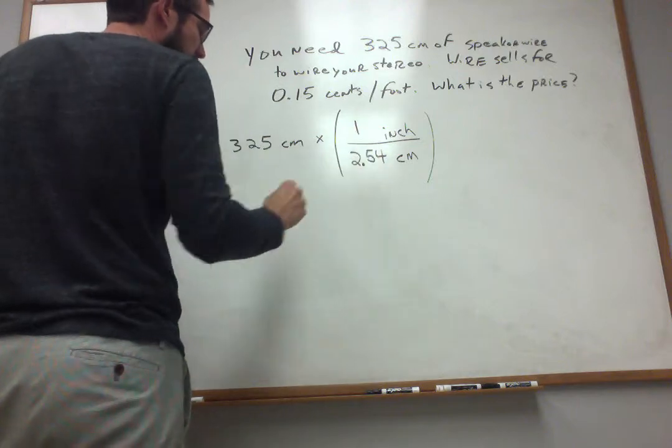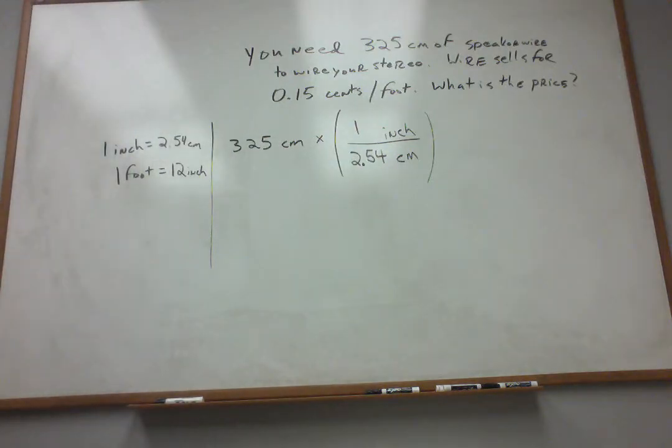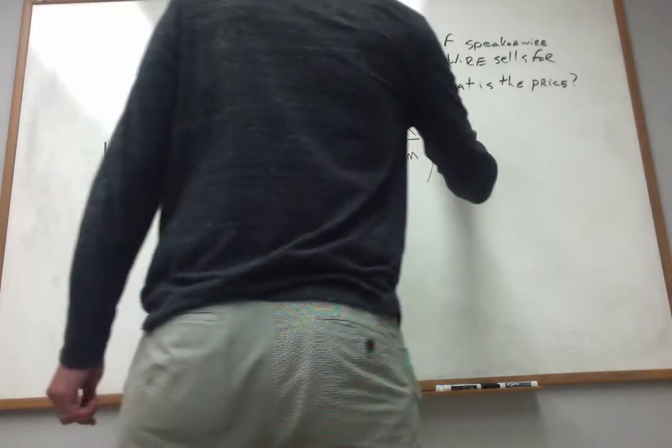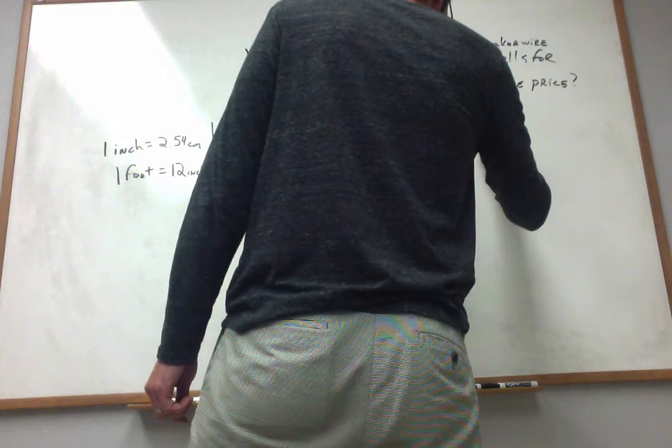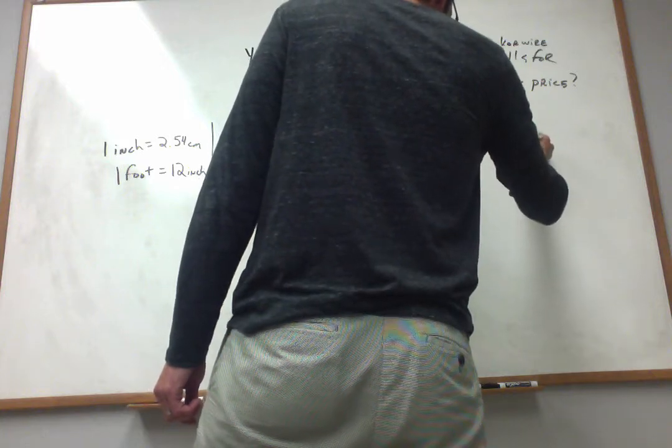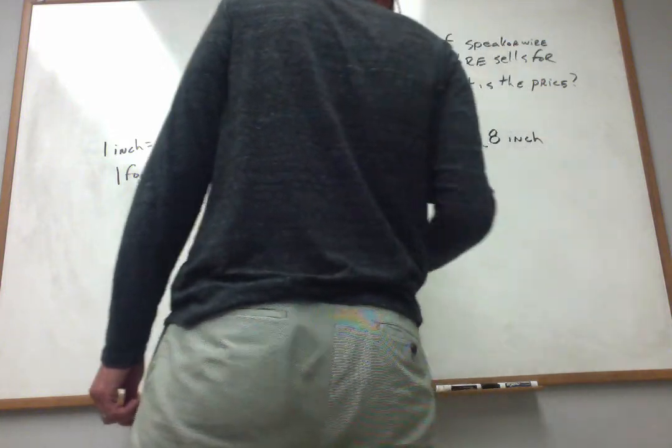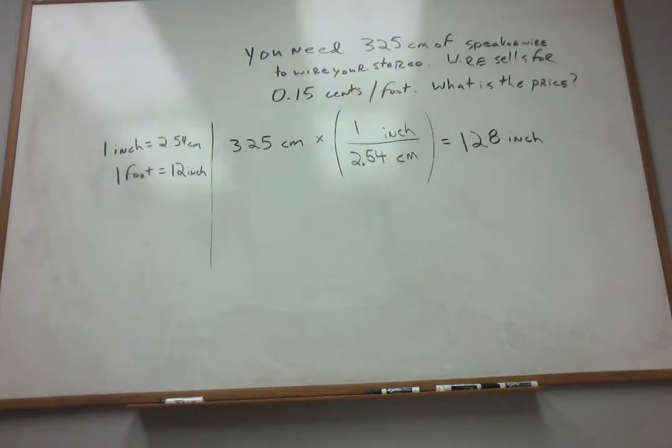So these two are physically equivalent distances. So I can write my conversion factor just like that. Quickly do the math on this on my calculator. When I do so, I find that I require 128 inches, okay? 128 inches.